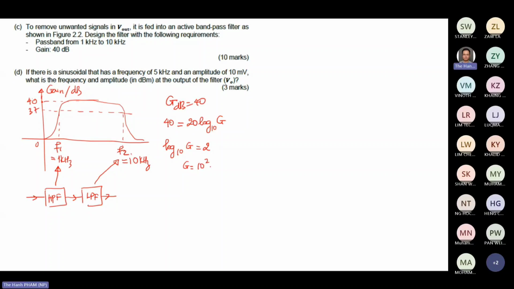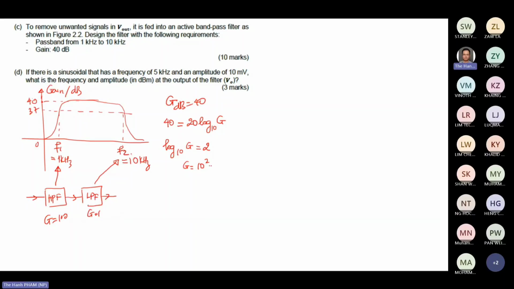So you see, I can have different ways. For example, the gain of this stage is 100, and the gain of this one is 1. The total gain is still 100.